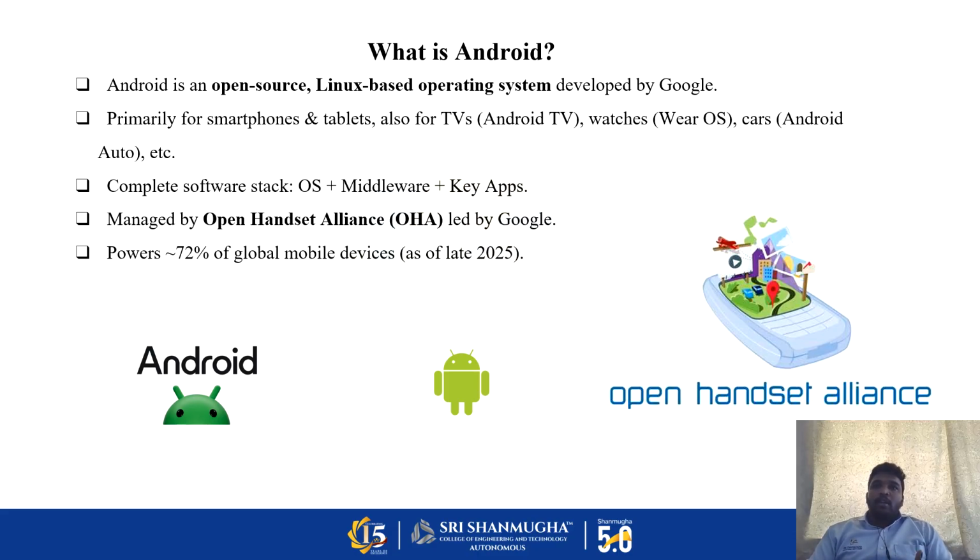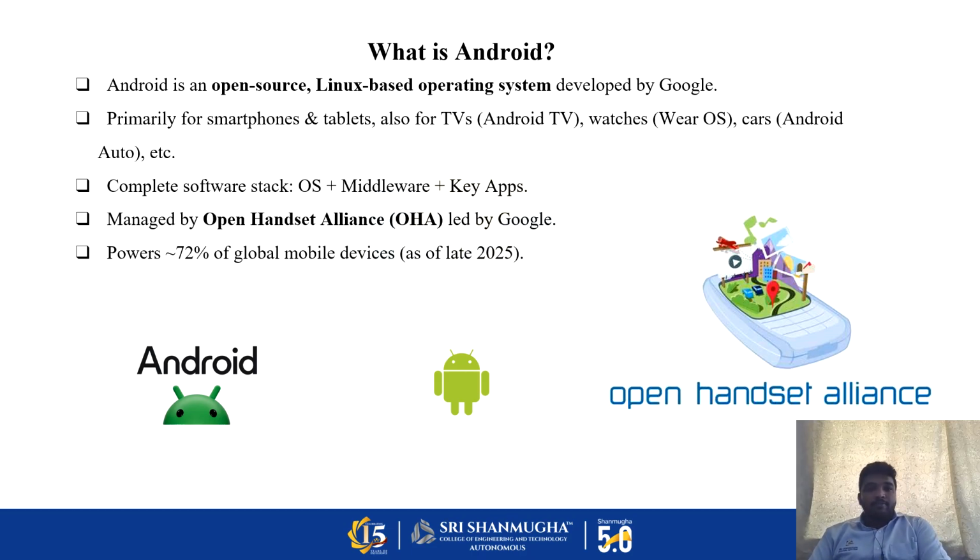This is why Samsung phones look different from Google Pixel, yet both run Android. In the real world, apps like WhatsApp, Instagram, and Google Maps reach billions because of Android, especially in emerging markets like India.